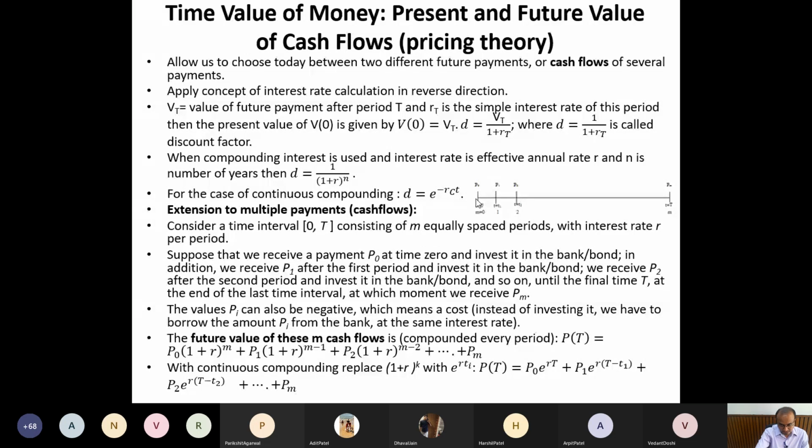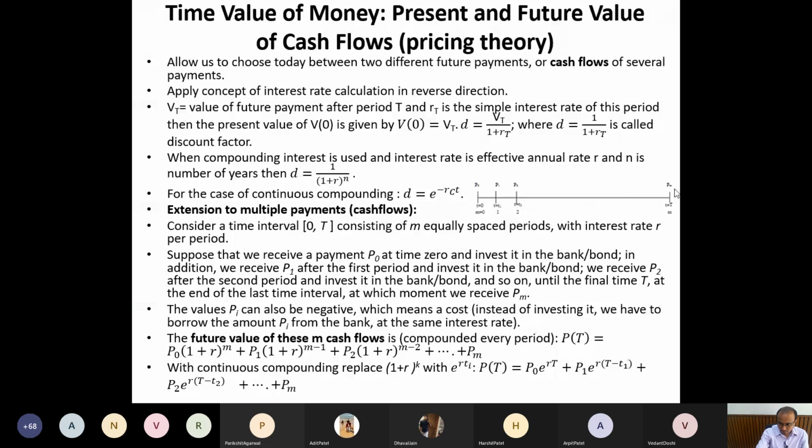So this P0: if I am lending, I am making an investment. If I am borrowing, it may become negative. Then P1, P2, PM will be payments: instead of receiving interest from the bank, I will pay something to the bank, which may be the interest plus some principal value, or only interest in some cases, but mostly it involves two components, interest and some principal value.